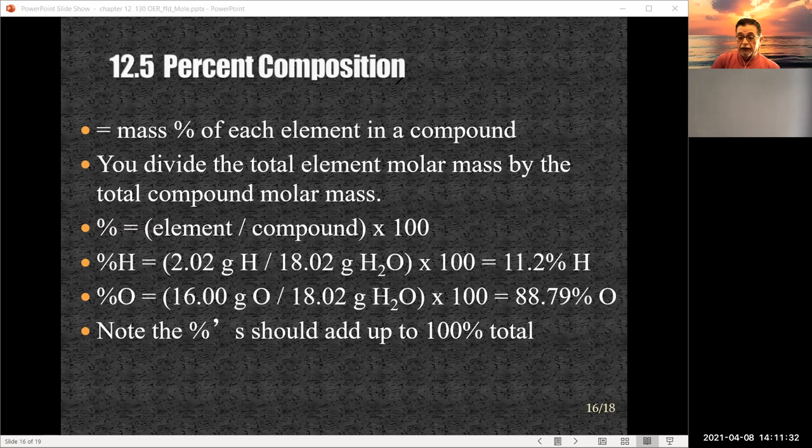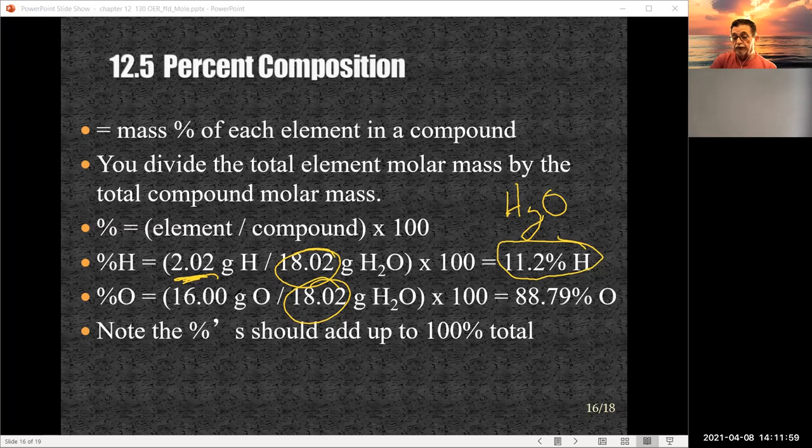The only elements involved are hydrogen and oxygen. So we take the contribution of the hydrogen, which is 2.02, divided by the total molar mass times 100. We end up with water having 11.2% hydrogen.